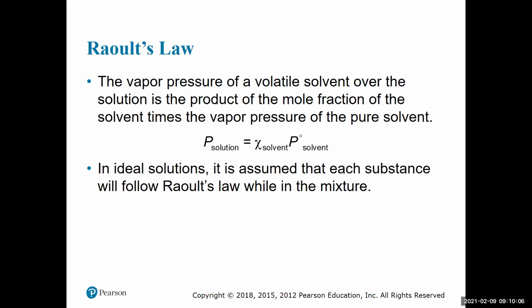Then, if we added a non-volatile solute into it, we could calculate the mole fraction for the solvent, the methanol, and that would tell us what the vapor pressure of that new solution would be, okay?